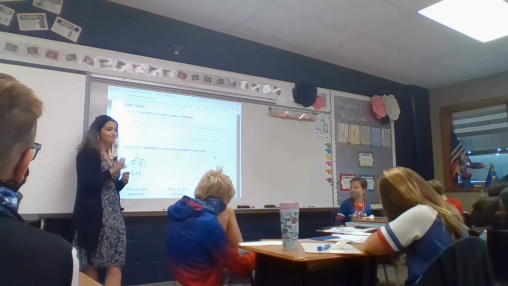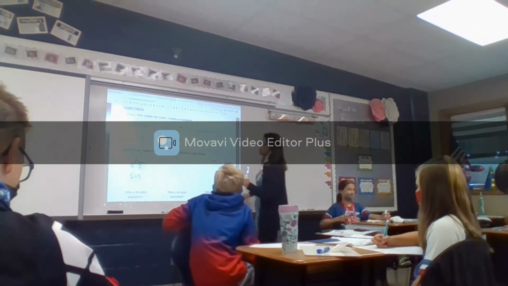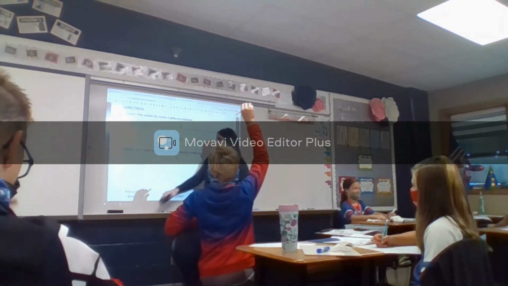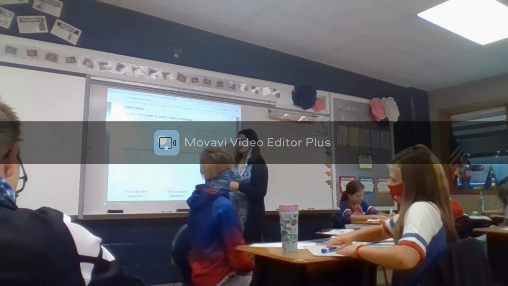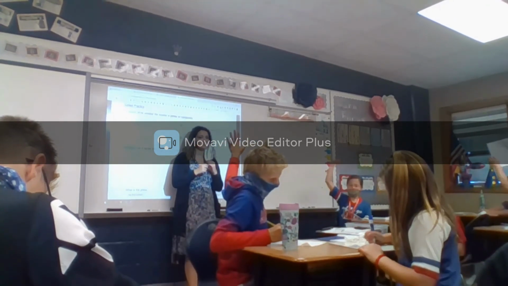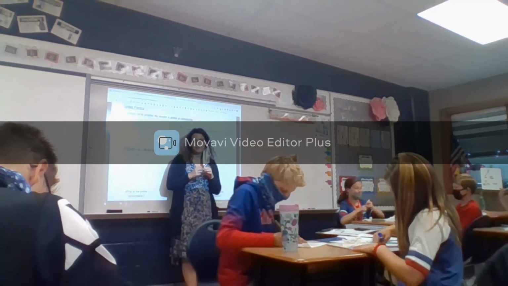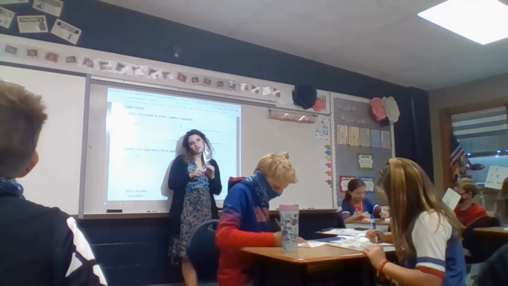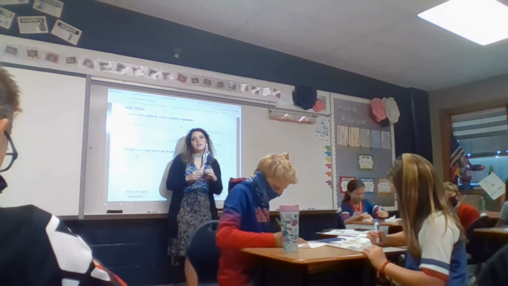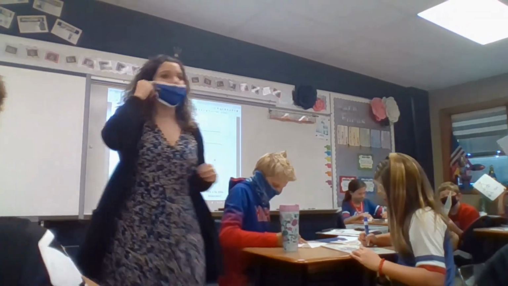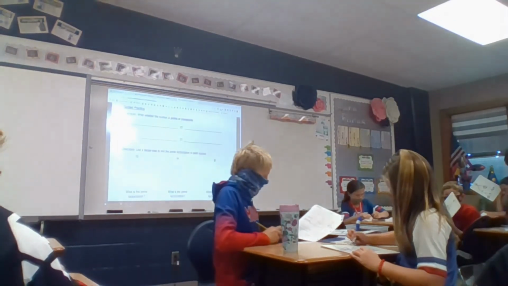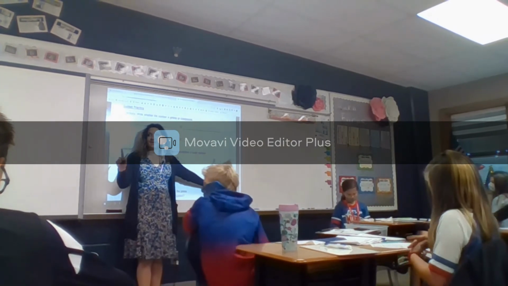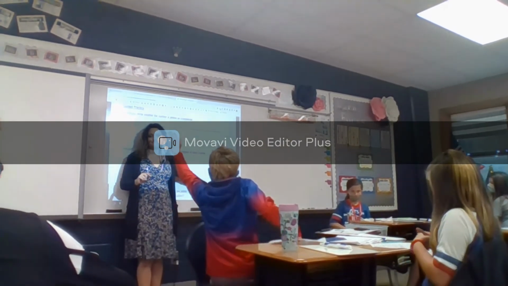That one was easy. Let's do 60. Do it on your whiteboard, and then I'm going to check it. Oh, yeah, I like that. What is another way that we could write that?